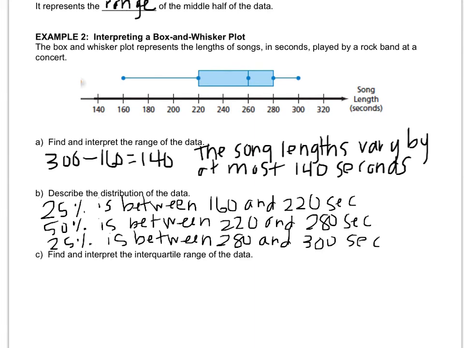Finding the interquartile range. That's Q3 minus Q1. So that would be 280 minus 220, which is 60.